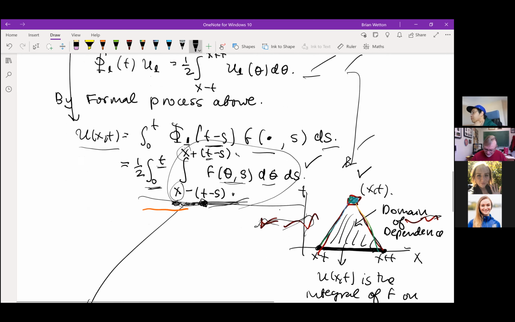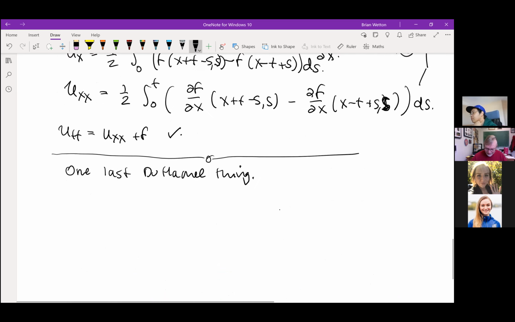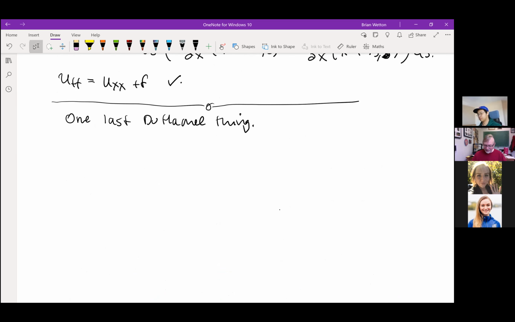Okay. So, one last DuHamel thing. I don't know if this counts as putting his name on it. And that is, you can get phi1 from phi0. In fact, the only thing we had to work out was phi0, which is the solution to the pure initial value problem with initial values given and time derivative value 0. And we could have got the other one.